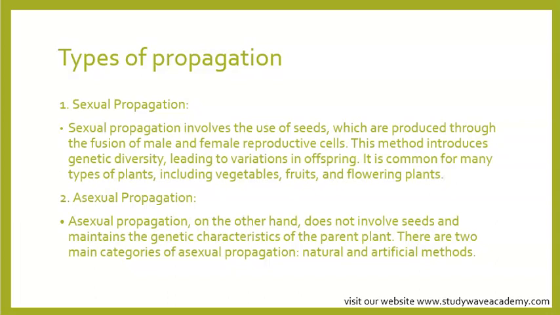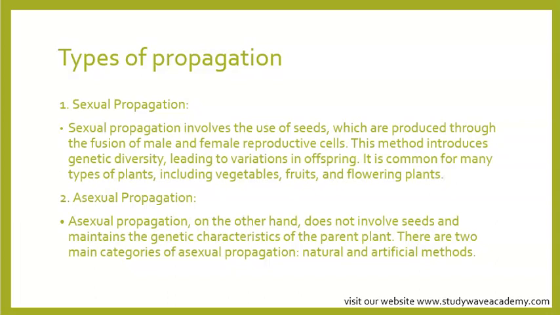Sexual propagation starts with the formation of seeds within flowers of plants. Flowers have male parts that produce pollen and female parts that contain ovules. Pollination occurs when pollen from the male parts lands on the female parts.